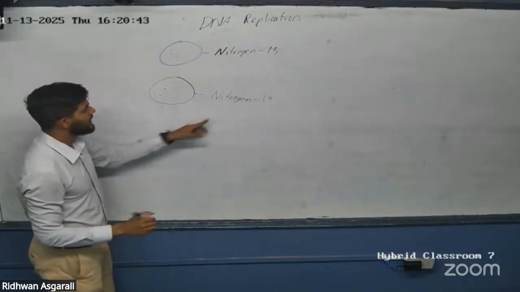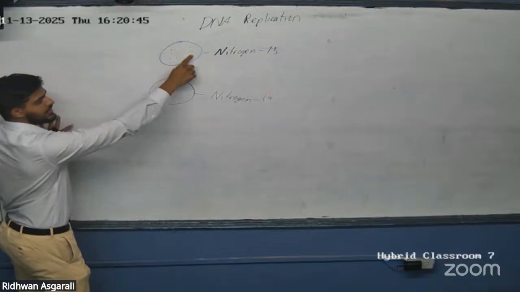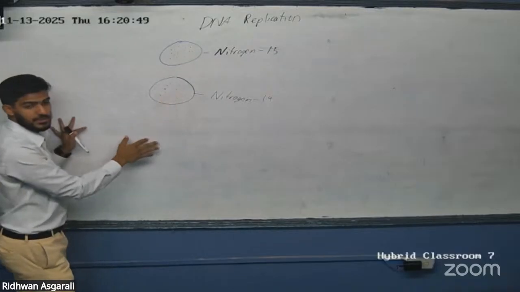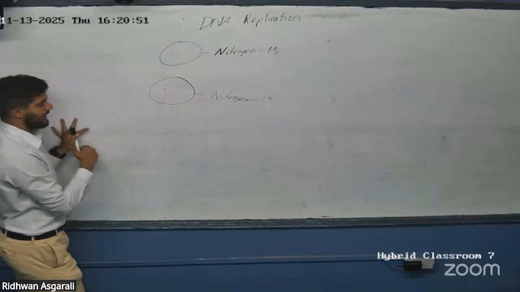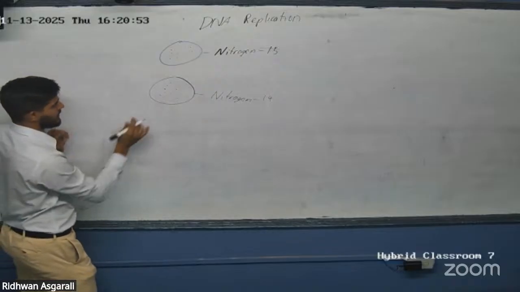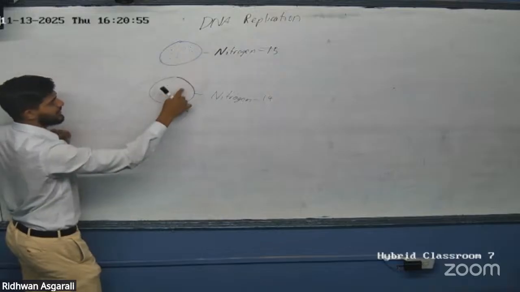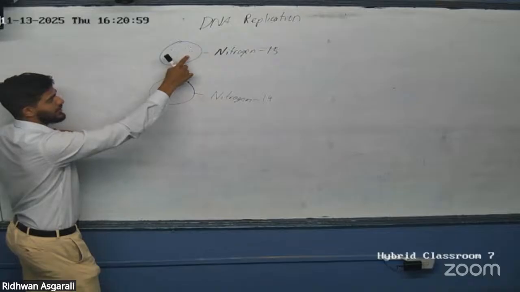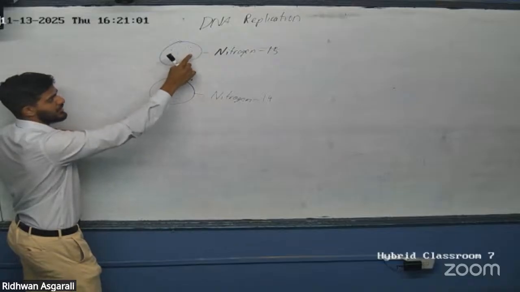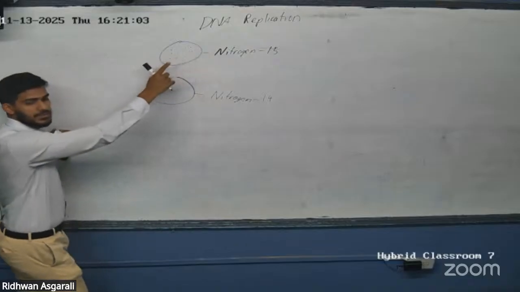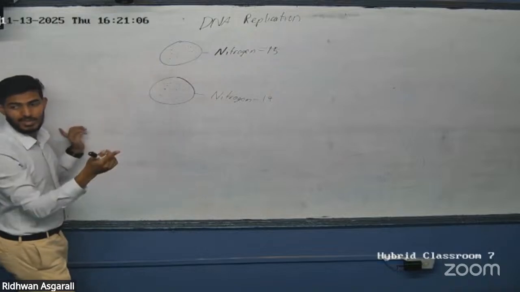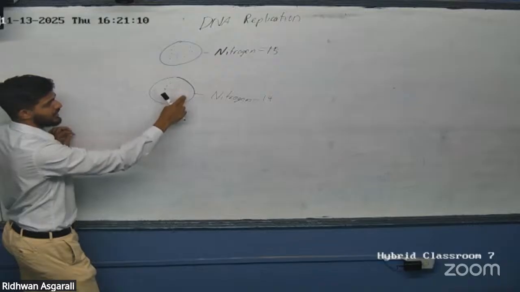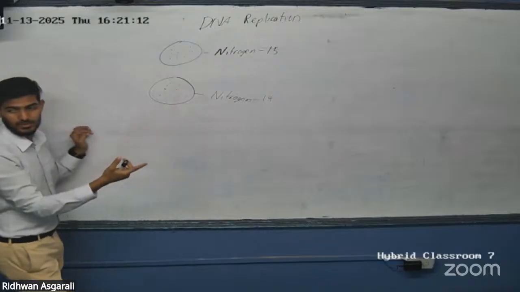So they took some E. coli from this plate and put it on this plate. What type of nitrogen will this E. coli's DNA contain? Nitrogen 15, or heavy nitrogen, right? When you put it on this plate now, what type of nitrogen do you expect it to take on?